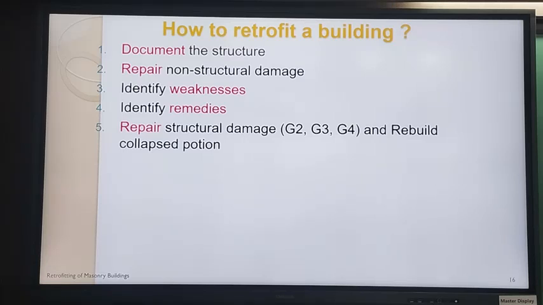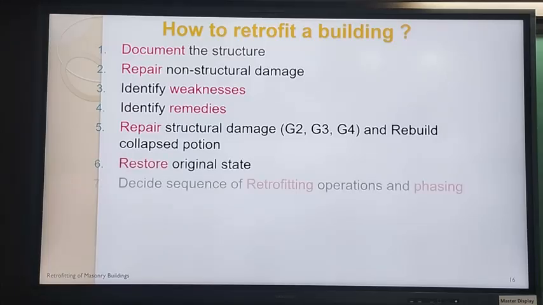Grade 2 cracks, grade 3 cracks, then grade 4. Right? So before we do any retrofitting, all that structural damage has to be taken care of. We put back the box pretty much in the pre-disaster stage. Right? So whatever portions have collapsed, they have to be put back in order. Then, so that is the restored original state.